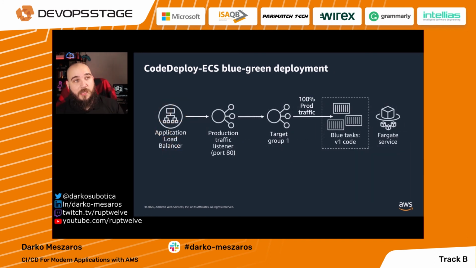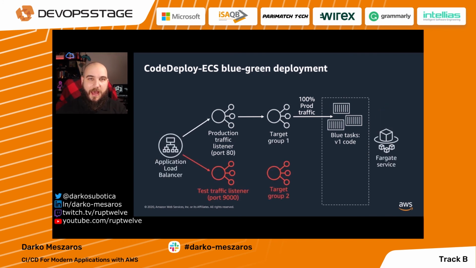And to see how this looks, here's a great example. I have an application load balancer. I have a listener that listens to port 80, and it's going to a target group, which consists of containers on Fargate, for example, running on ECS Fargate. They're called blue tasks. It's version 1 code. I start deploying another version of my code, and it creates a test listener.